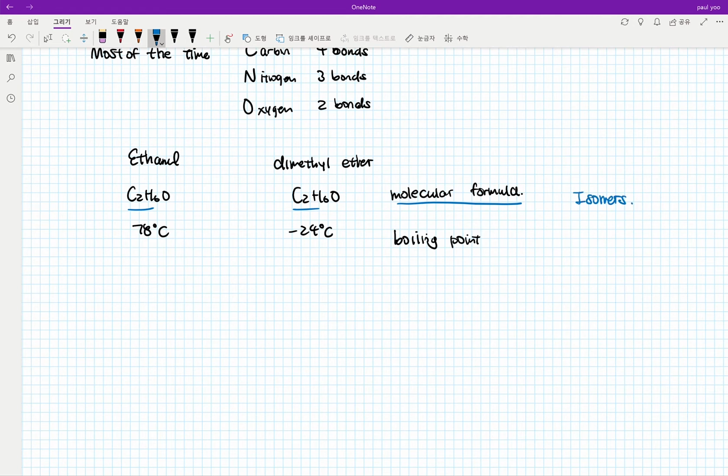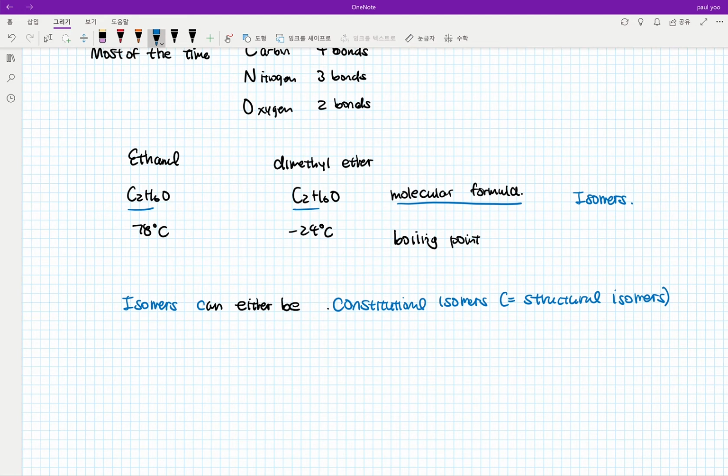And isomers can either be constitutional isomers, and constitutional isomers are sometimes called structural isomers, and stereoisomers.